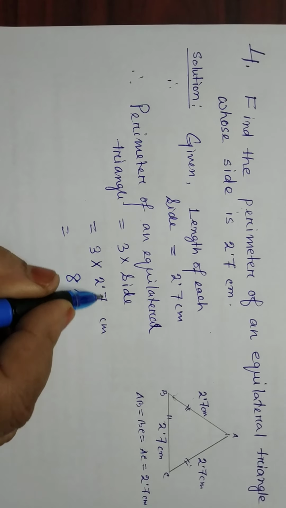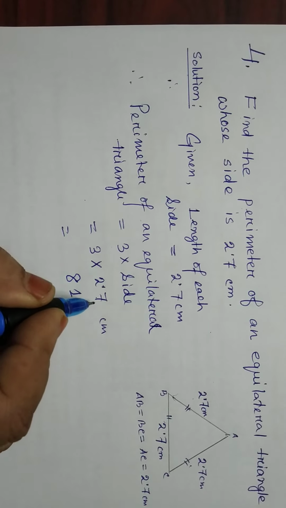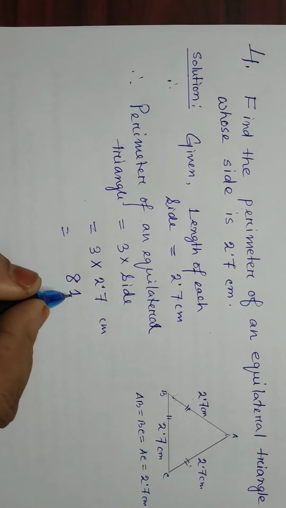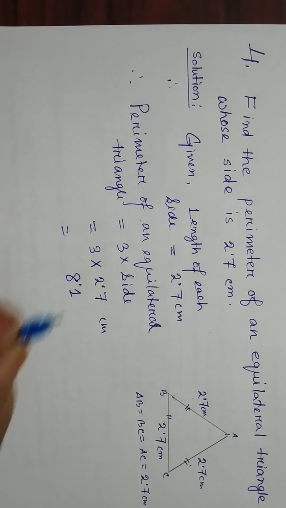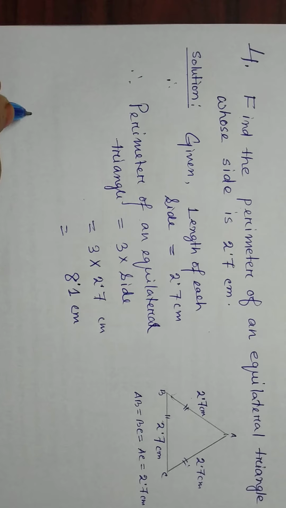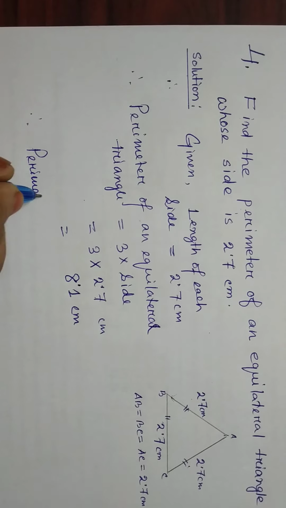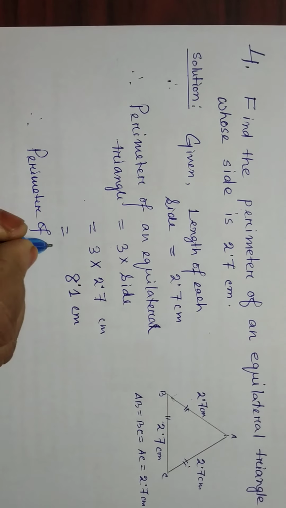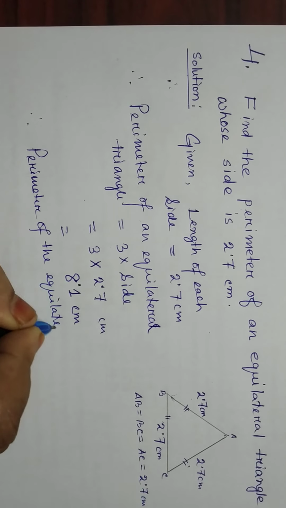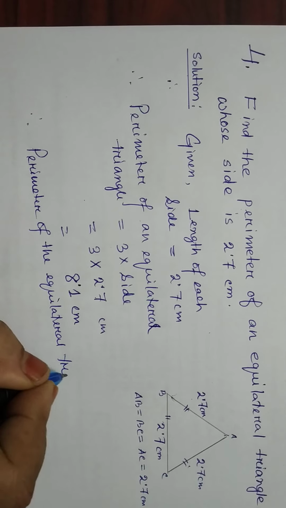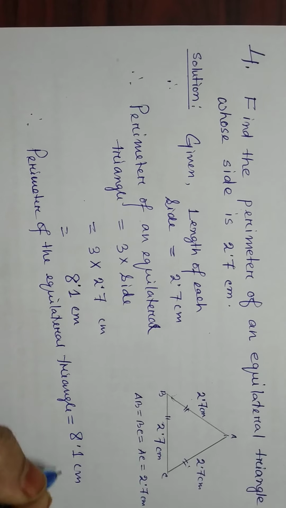Now after the decimal point, how many digits are there? Only one digit. So from the right, we put the decimal point before one digit. Therefore, the perimeter of the equilateral triangle is 8.1 cm. This is the answer.